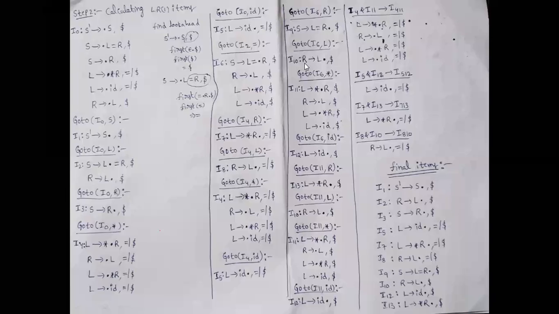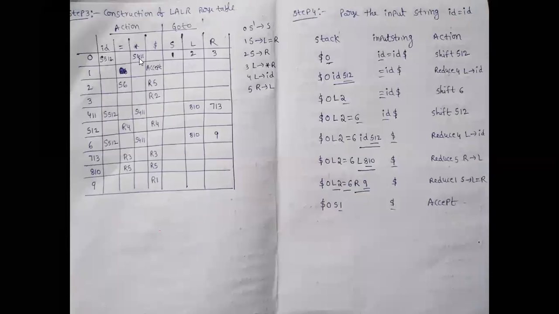So we are applying goto on I0 with the terminal, then we are performing the shift operation. So we are writing shift with this state number. So shift 411 in the star column.